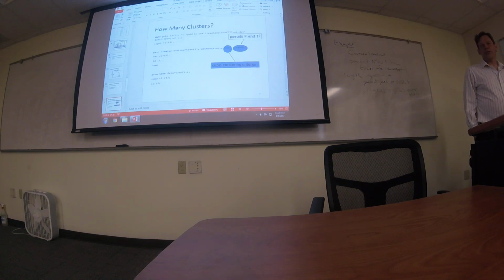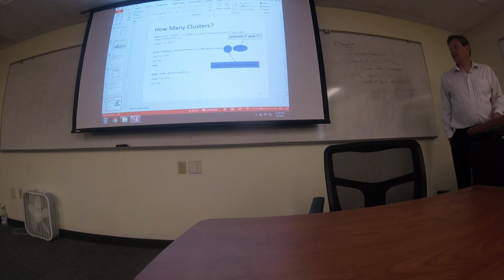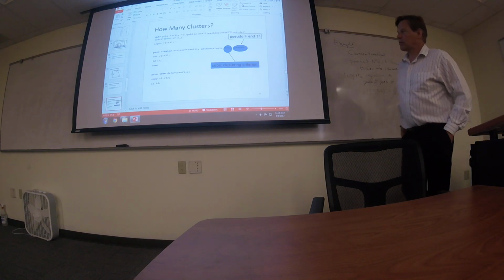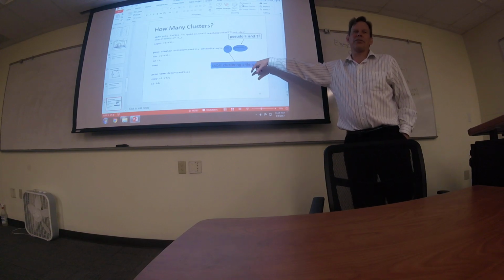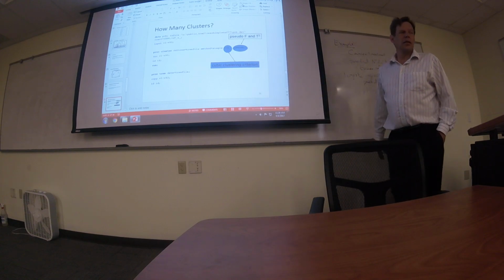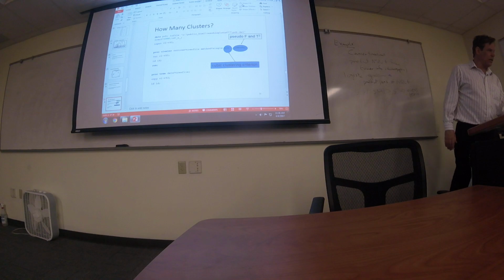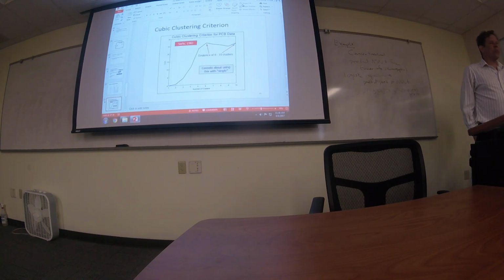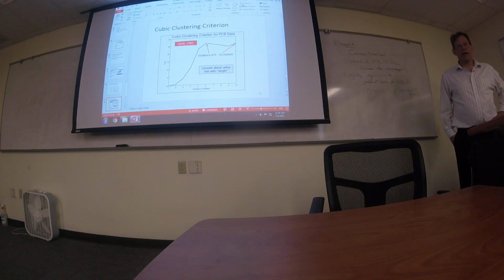So there are 2 measures that can come out of the software. One called a pseudo F and a t-squared statistics. And there's this cubic clustering criteria. And I guess I have seen that one used. Basically, you make something that looks a little bit like a scree plot.